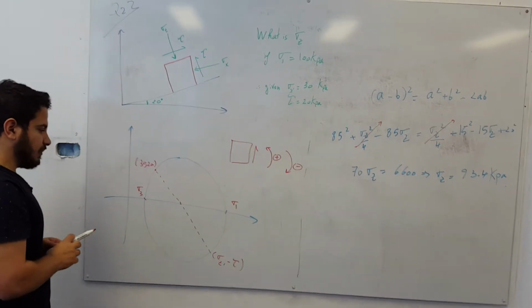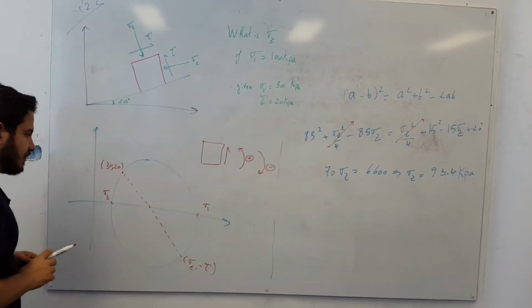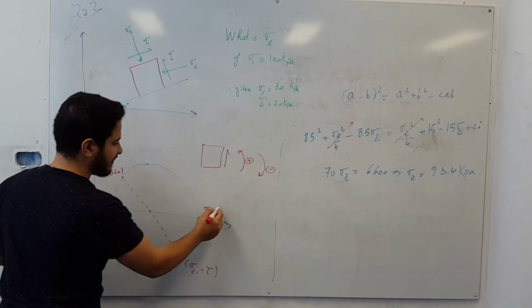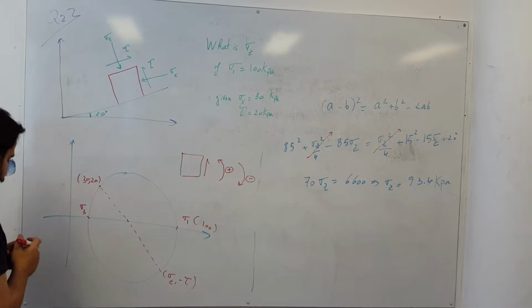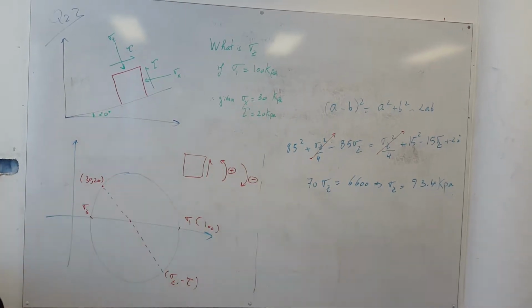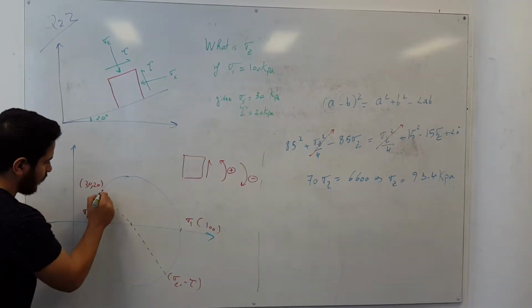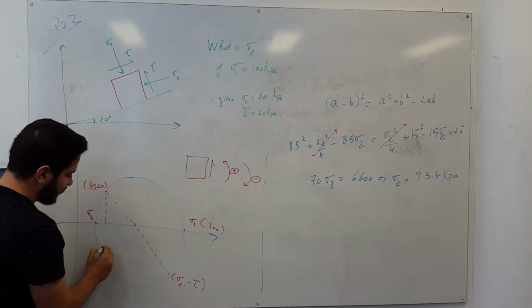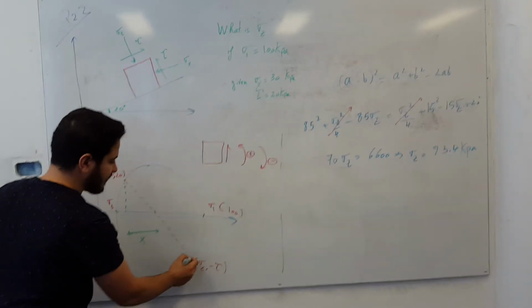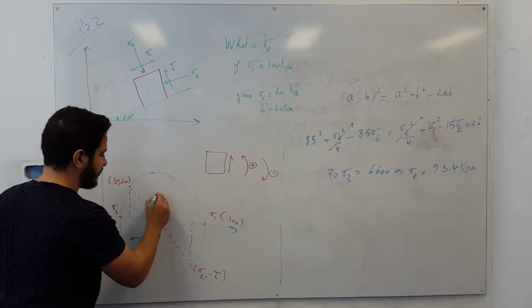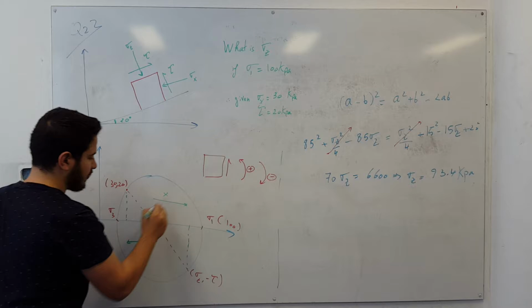Okay? We're trying to find sigma z. So if you look at the Mohr circle, sigma 1 is given to us as 100, right? So this distance, let's call it x, will be the same distance as this, it's also x, correct?